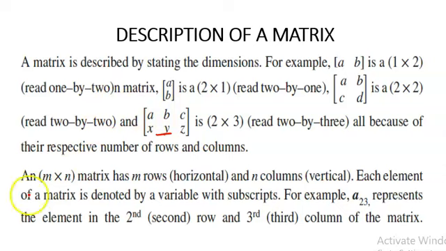Each element of a matrix is denoted by a variable with subscript. For example, if we have A subscript 2, 3, it means that you are in the second row, third column. So always the rows come first and then columns.